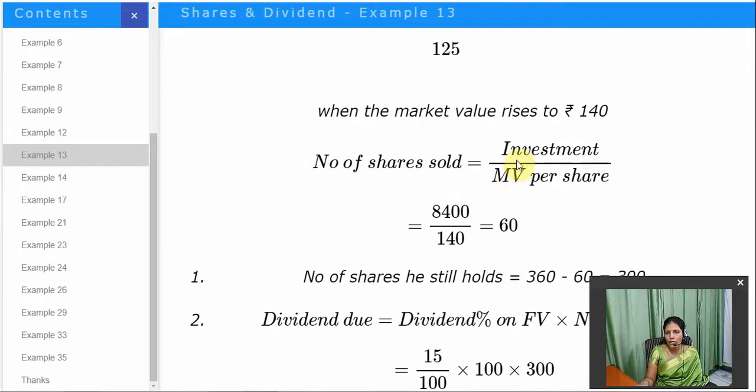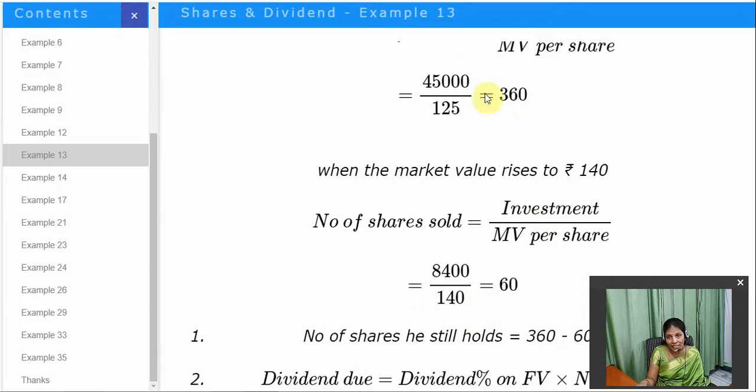Number of shares sold is equal to investment by market value per share. How much is he raising here? 8,400, it's already given in the question. He sold some shares just enough to raise 8,400. So investment is 8,400 and the market value per share is 140, because the market value has gone up to 140 rupees. So how many shares did he sell? He sold 60 shares. Earlier he had 360 shares, and now he sold 60 shares in the market.